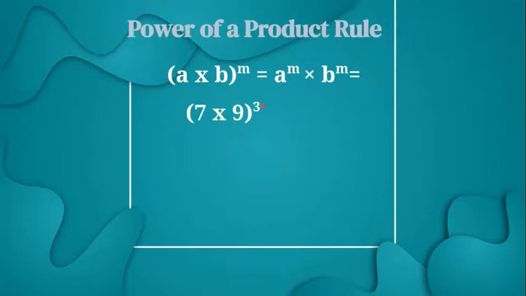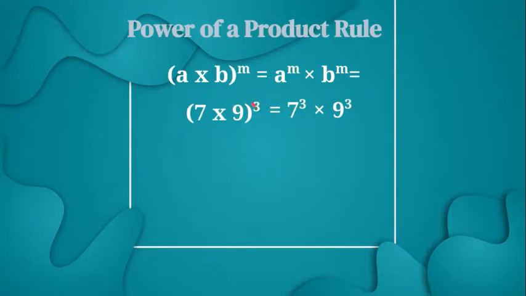So you're not going to multiply the exponent by the numbers inside the brackets. You're just going to write the exact same thing, but you're going to write the exponent on both numbers. This may be confusing to some people, but this is what I mean.